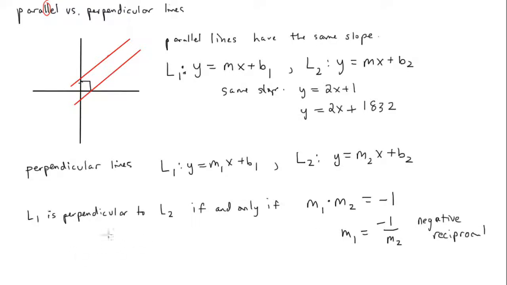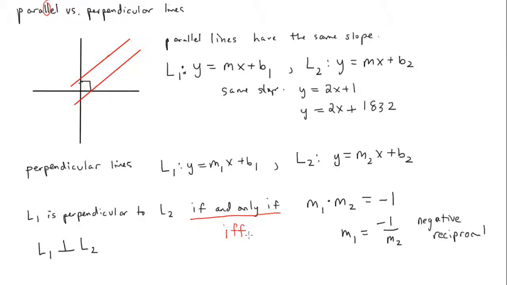Okay, and sometimes we just notate this for convenience. L1 is perpendicular to L2. And then sometimes, because mathematicians are lazy, the phrase if and only if will abbreviate like this.